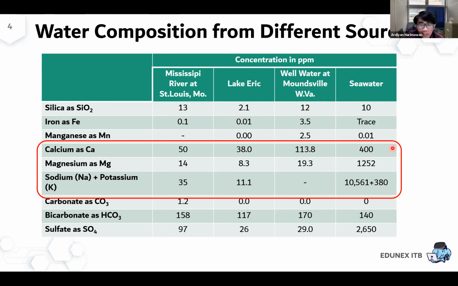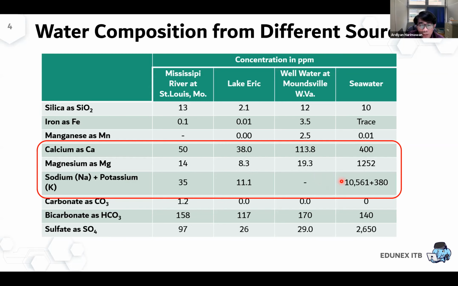Seawater contains a higher concentration of salt. The salt concentrations, sodium and then potassium, will be much higher compared to other sources of water.